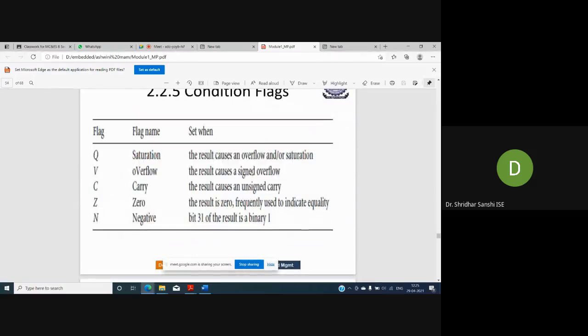There are two flags, one for signed values and another for unsigned values. If a signed value overflows, then the V bit is set. If an unsigned value overflows, then the C bit will be set as 1. C corresponds to the unsigned value, V corresponds to the signed value.